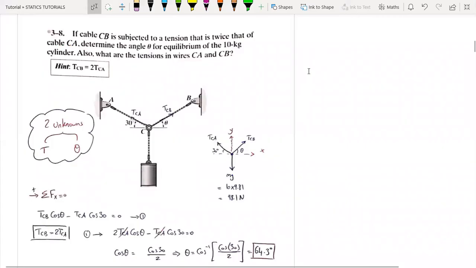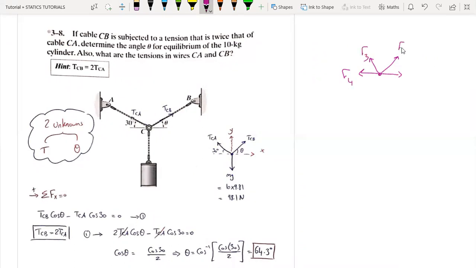Hello everybody. Today we are going to start the tutorial for chapter 3, which is about particle equilibrium. Just a quick overview. If we have a particle and multiple forces, we are going to apply our equilibrium equations for this particle.